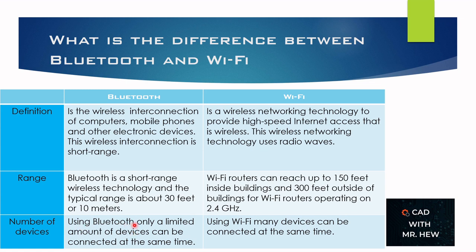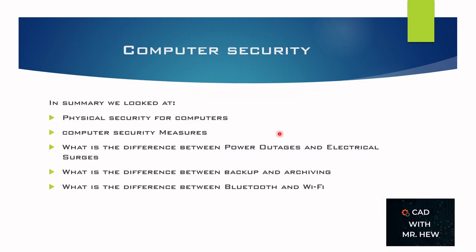Using Bluetooth, only a limited amount of devices can be connected at the same time. However, using Wi-Fi, many devices can be connected at the same time. Okay, so this gives us a comparison of the Bluetooth and the Wi-Fi networking technologies.